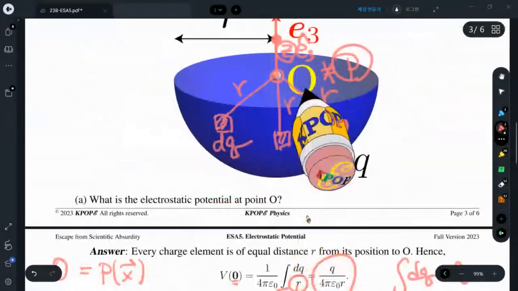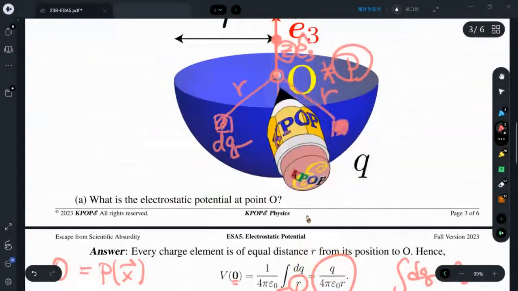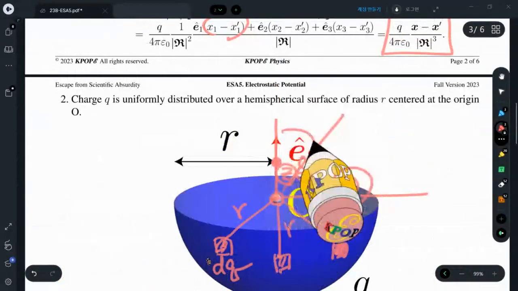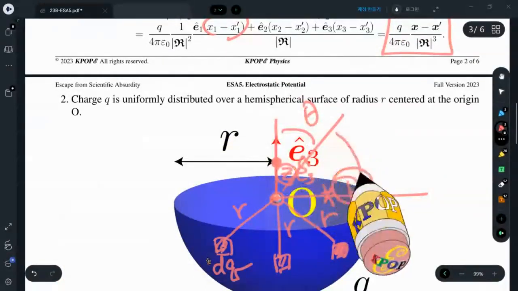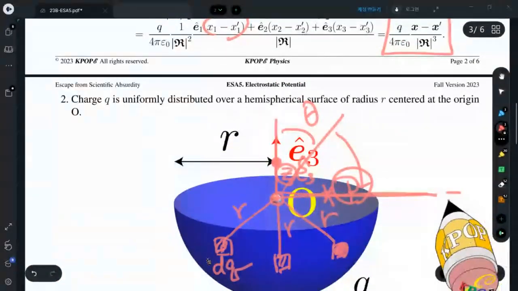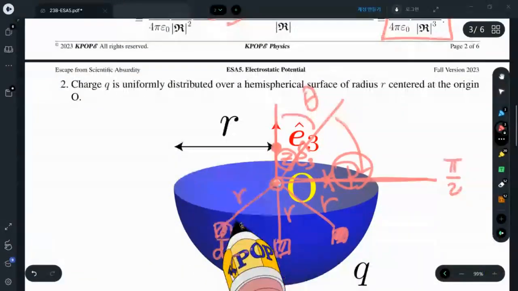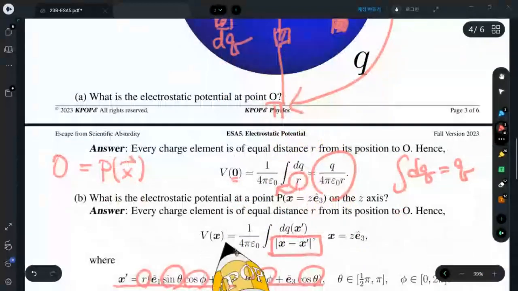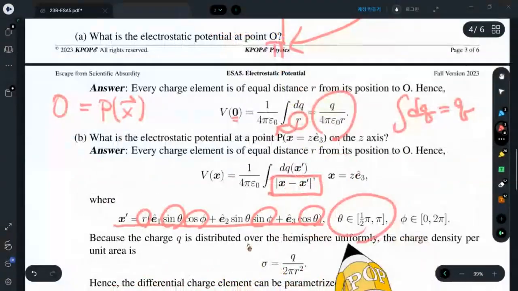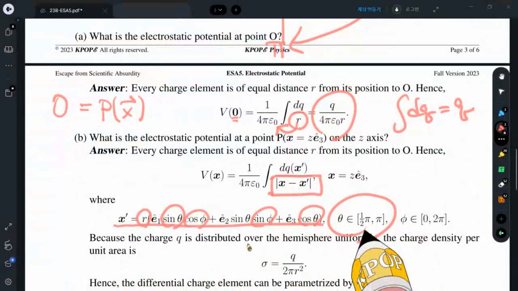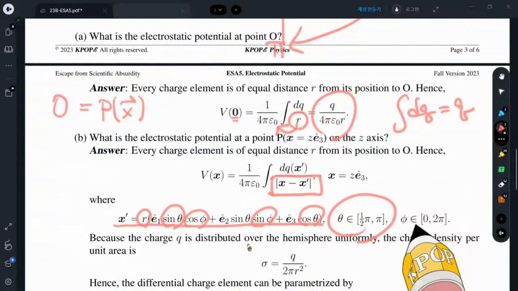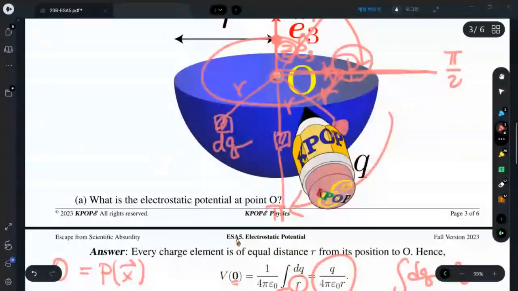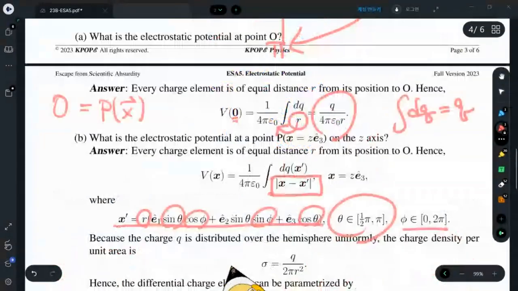The range of this r is fixed. Theta is measured from the positive z-axis, so this theta begins at 1/2 pi and ends at pi. So the physical range of the polar angle is from 1/2 pi to pi. And then the azimuthal angle is integrated from 0 to 2 pi.